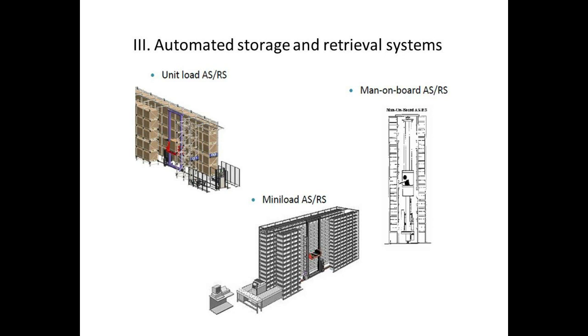Mini load automated storage and retrieval system. Mini load is basically when you are dealing with very tiny parts. If you have gone through mobile repair shops, what those people are doing is they put these types of mini load automated storage and retrieval systems.